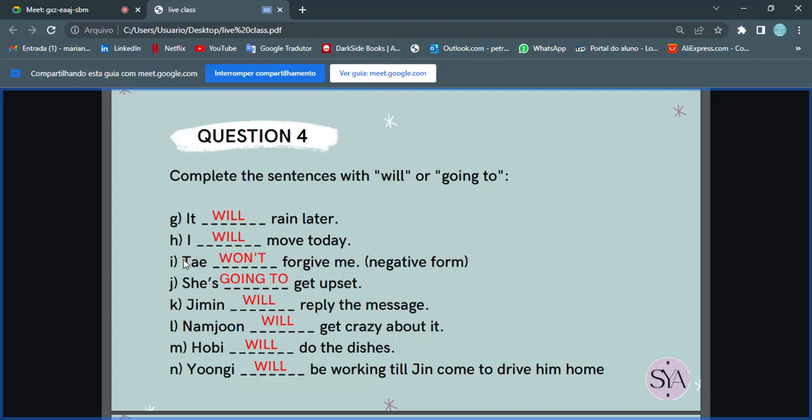Or you can use they will not forgive me. She's going to get upset. Jimin will reply the message. Namjoon will get crazy about it. Hobi will do the dishes. Yoongi will be working till Jin comes to drive him home.